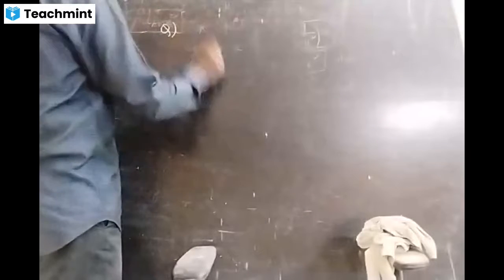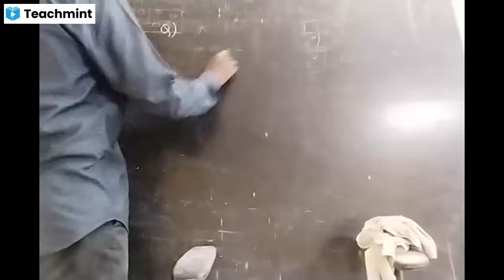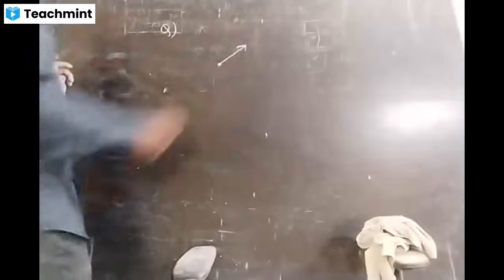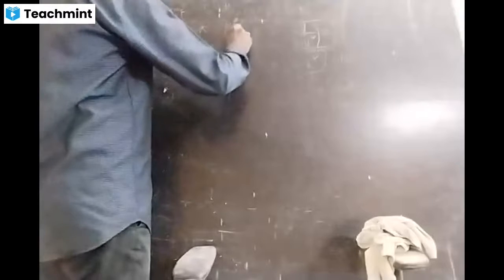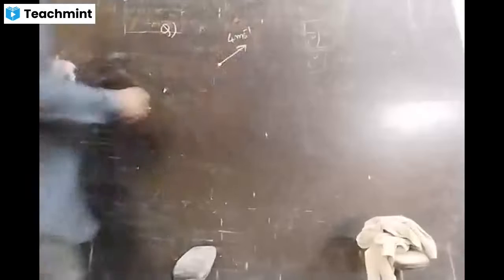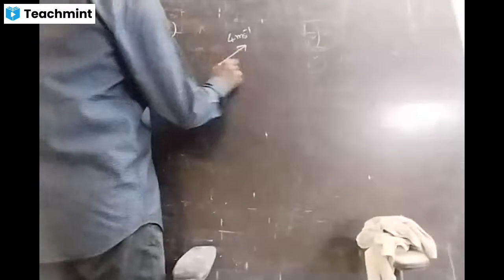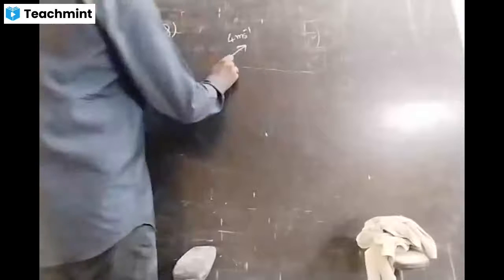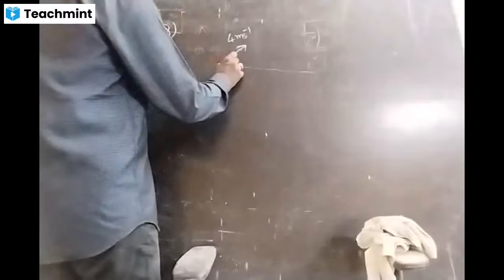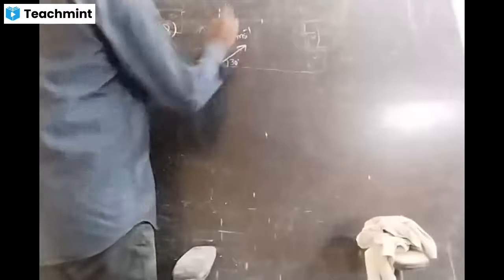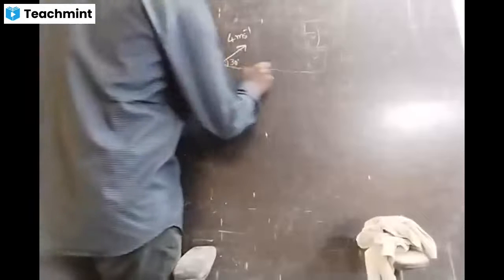Let me show you. Question is, a particle is projected with a velocity of 4 meter per second, making an angle of 30 degrees with the horizon or with the ground.